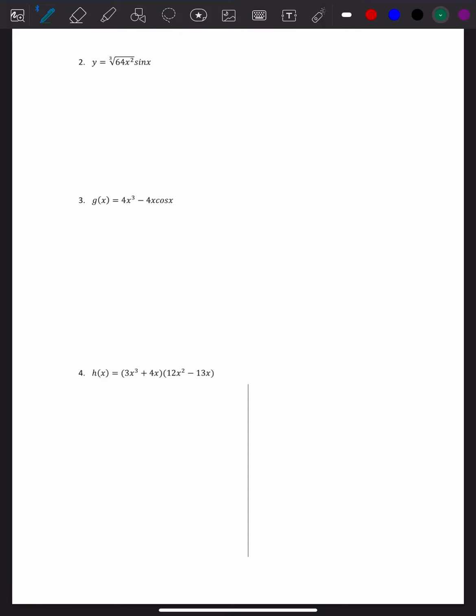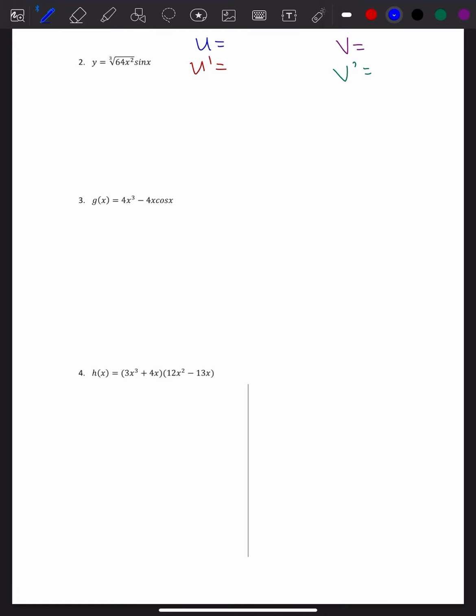So we have the cubed root of 64x squared times sine of x. Same thing, we have u, and we have v, we have u prime, and we have v prime. u in this case is going to be this first one, but it's also a cubed root, so I'm going to change it around.